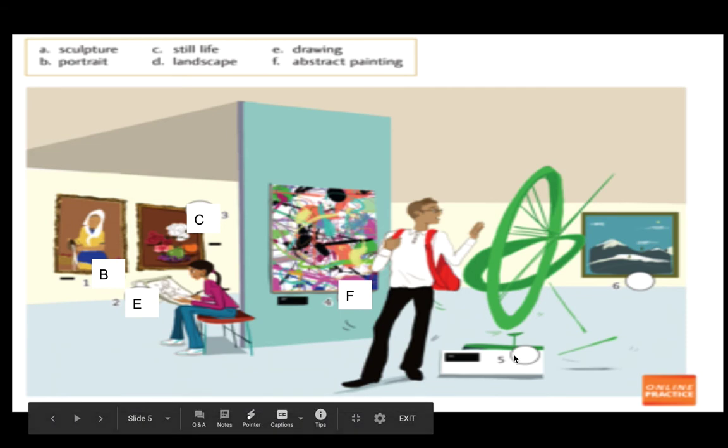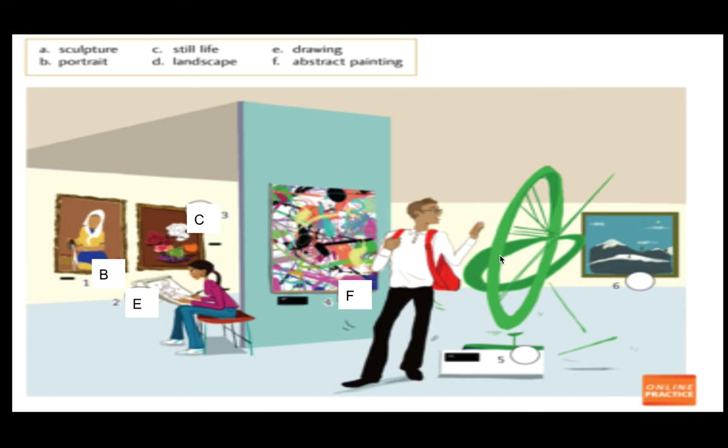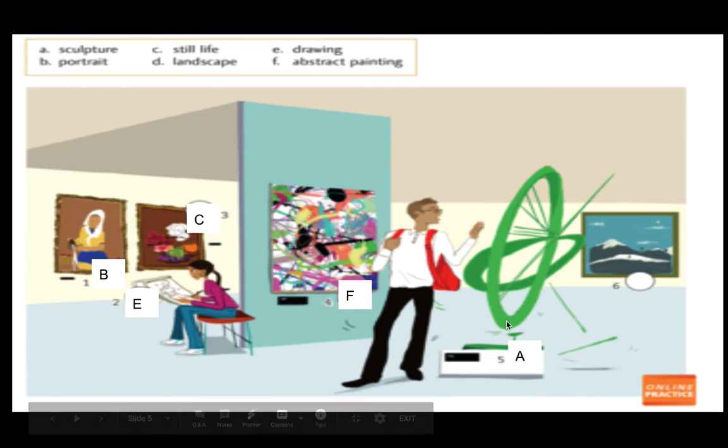In the 5th one, this is not a painting. There's 2 circle shapes and some straight lines. I think he touched it, so he's very scared. This one is a sculpture. A sculpture can be a shape or a statue of a person.